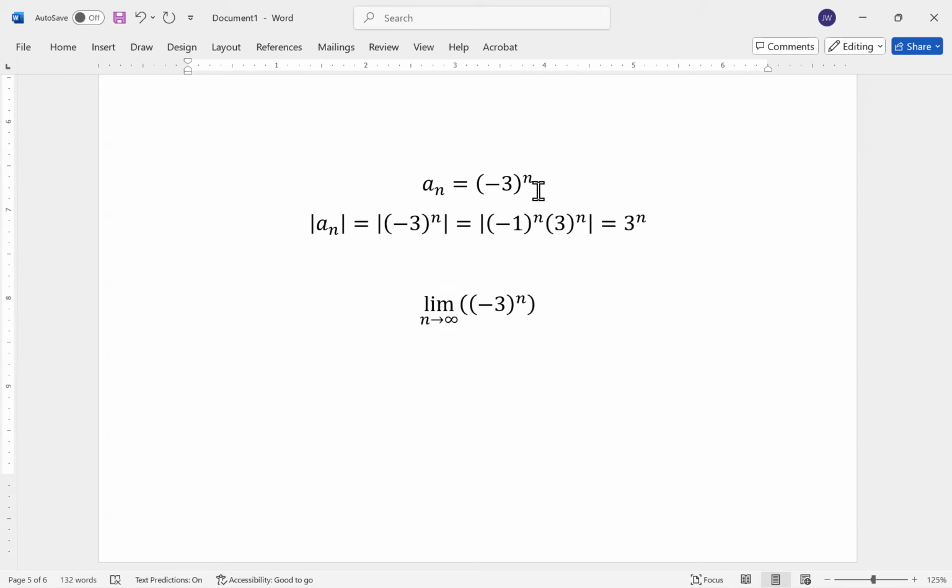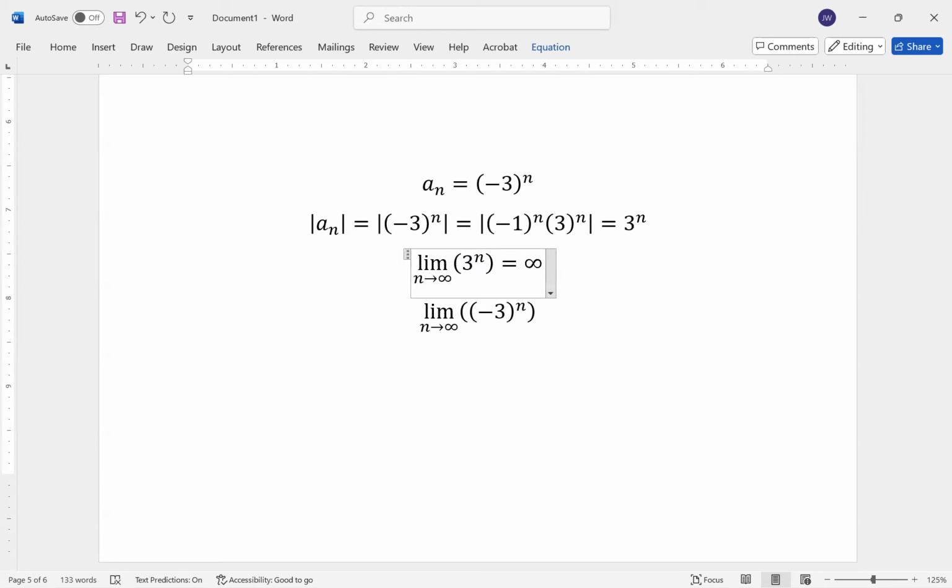Now it turns out 3 to the nth power is not 0. It goes off to infinity, just keeps growing and growing and growing.